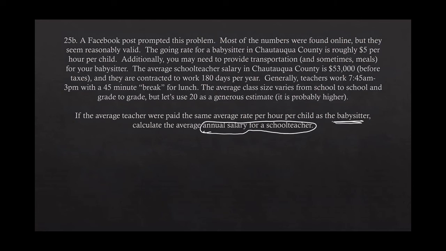Okay. And that's if they were paid the same as the babysitter. So this time, what we're saying is, take the babysitter rate and turn it into a salary. So if we remember, the babysitter rate was $5 per hour. So we're going to start with that, $5 per 1 hour. It is per child, just like the last one. We'll deal with the per child at the end. Anytime you have mixed units within mixed units, if you will, it's easier to just kind of deal with one at a time, I think.